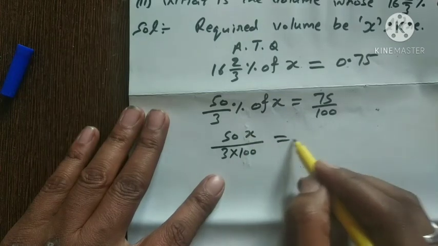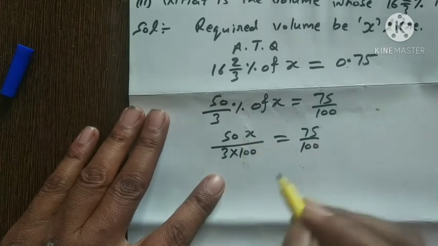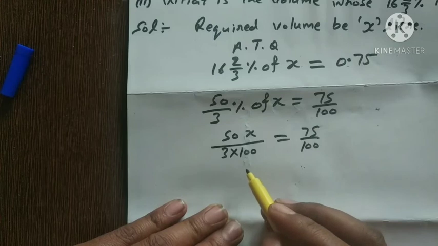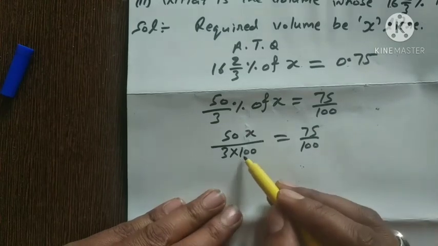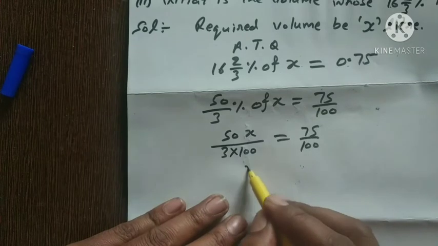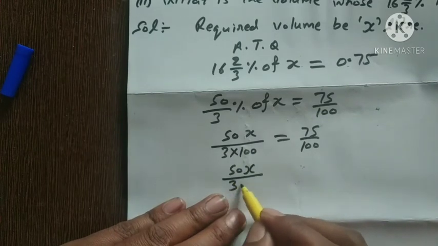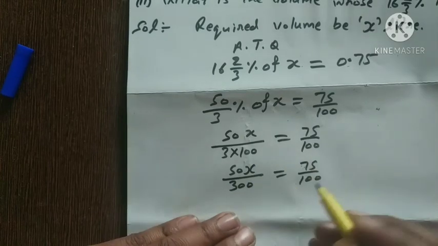The value of percentage symbol, that is 100. Now student, you can directly cut the common denominator on the both side. You see there is 100 and there is also 100. So 50x over 300 is equal to 75 over 100.